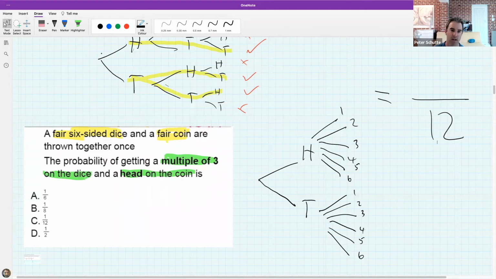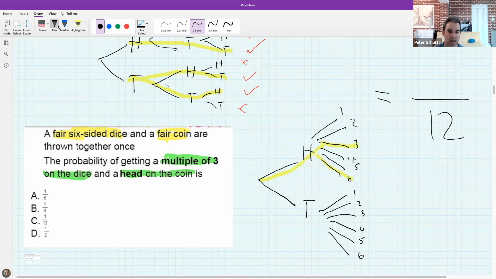So if we want a multiple of 3 and a head on the coin, I can only be in this top half. I can't be in the bottom half because the bottom half would have a tail. So heads is here. And which ones are multiples of 3? A multiple of 3 is 3. So that option, heads and 3, or you could have heads and 6.